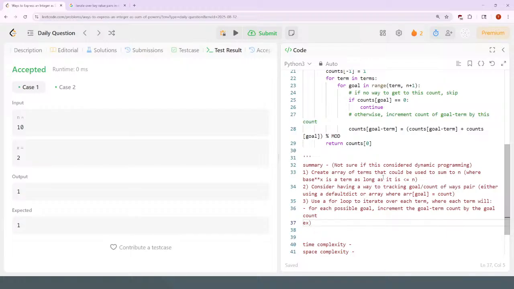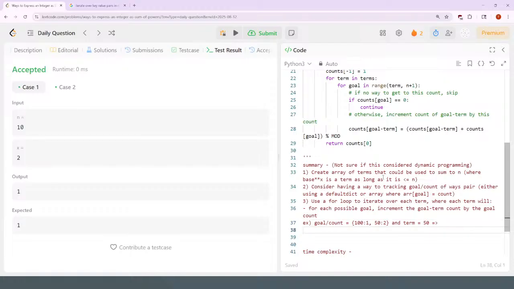So for example, let's say the goal count values are: there's 101 ways to get that, and maybe 50, and there's 2 ways to get there, and the term is 50.